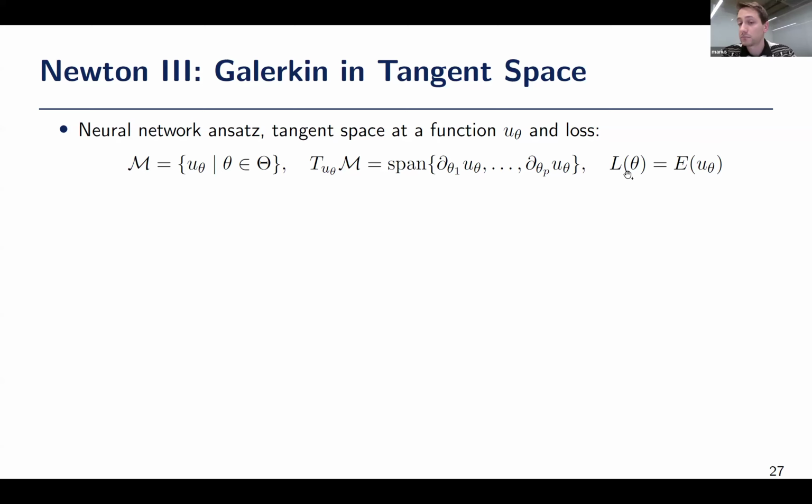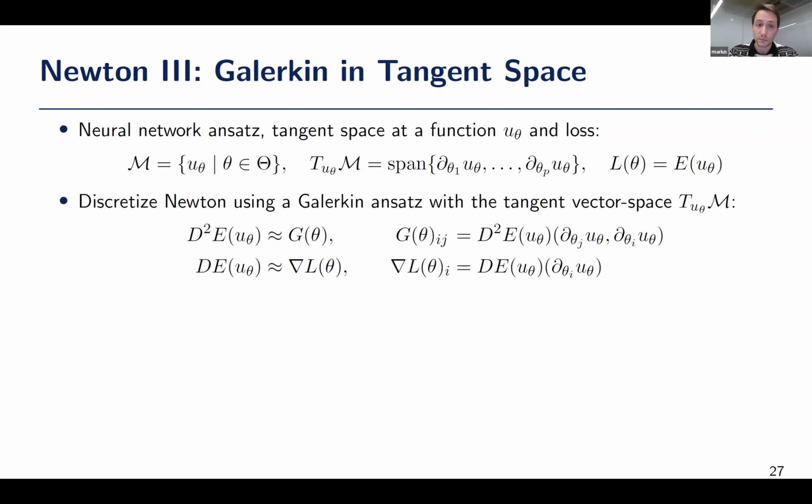And then I call L the loss function, which is just the continuous function evaluated at the network that has these parameters theta. So we forget about integral discretization in this part of the talk. And now we discretize Newton's method with a Galerkin ansatz in this vector space. The second derivative is a bilinear form, and this will give us a matrix, which I call G, referred to sometimes as the Gramian.